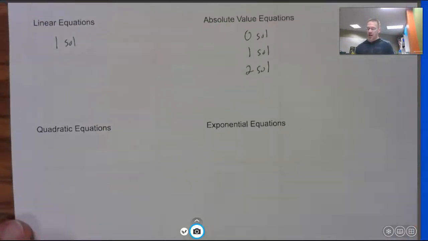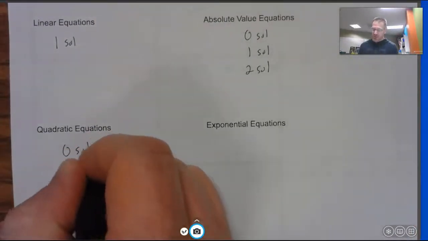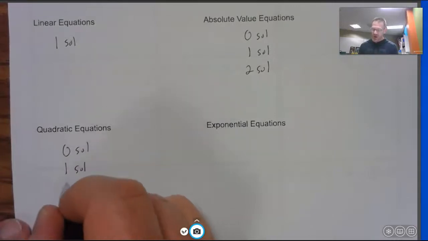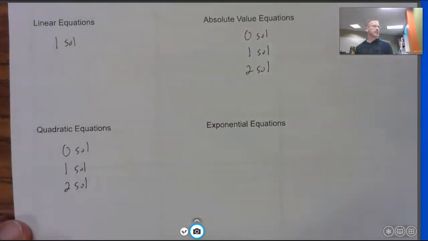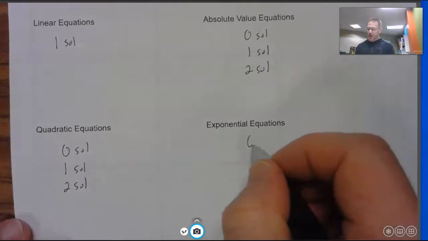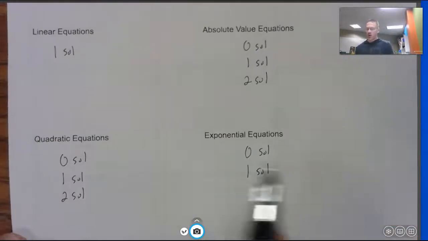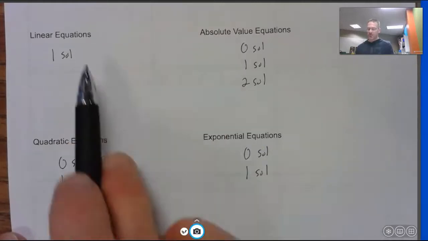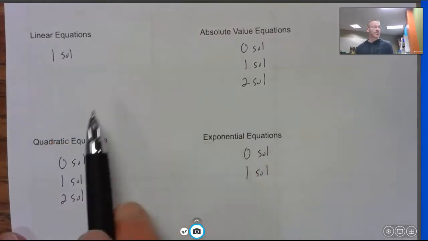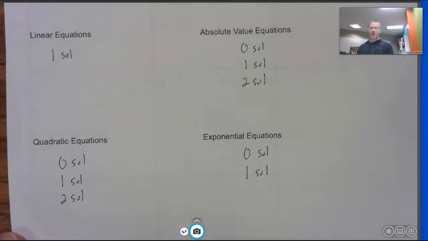With quadratic equations, we could have 0 solutions, one solution, or 2 solutions. And then we've seen with exponential, we might not have any solutions, or we could have one solution. All right, so identifying the function first helps you, because then you know, okay, what kind of solution am I expecting?